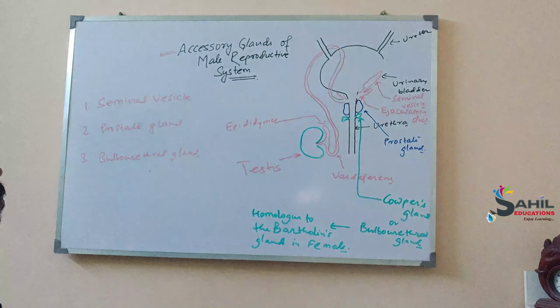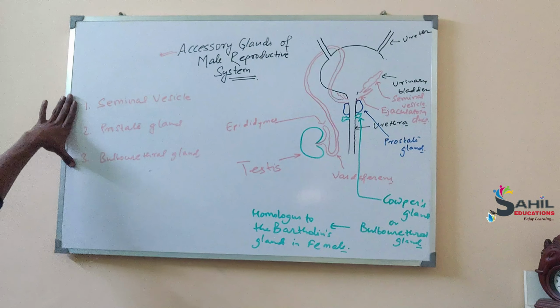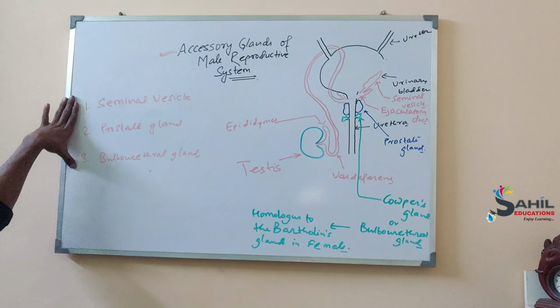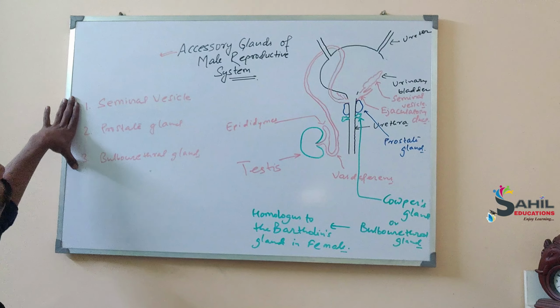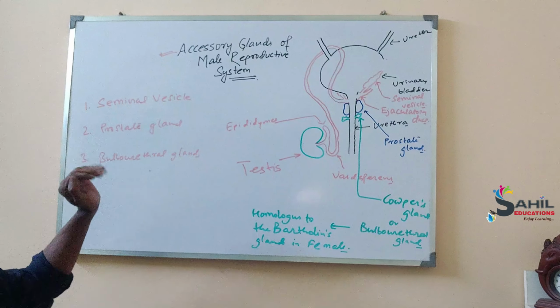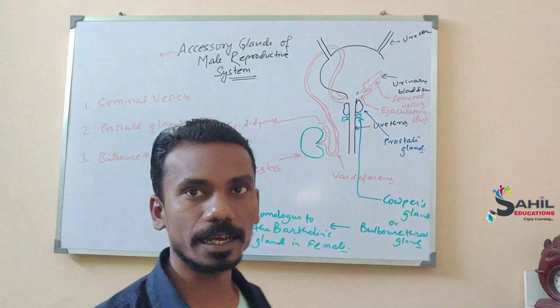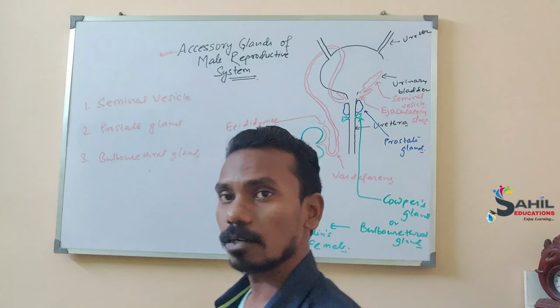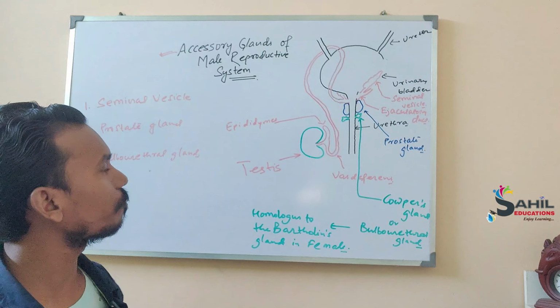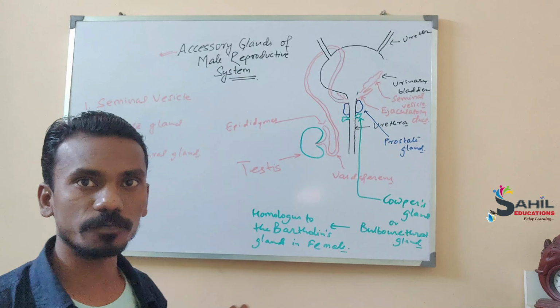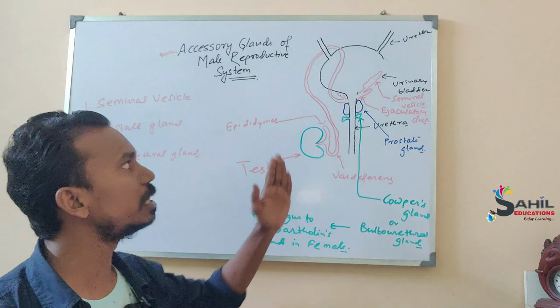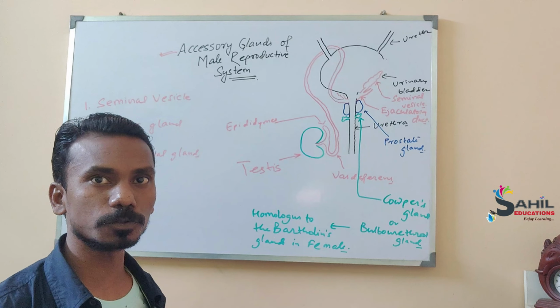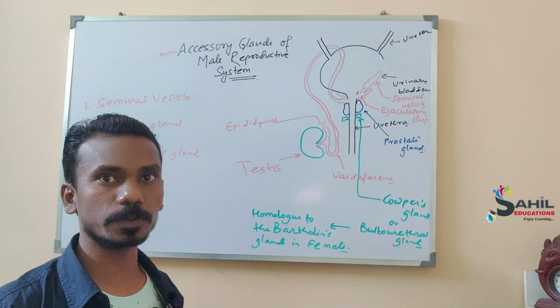So there are three basic reproductive accessory glands, and all these glands have specific functions. All these glands have their own specific function in the facilitation of the ejaculation of sperm, in the nutrition of the sperms, in the pH of the sperms.